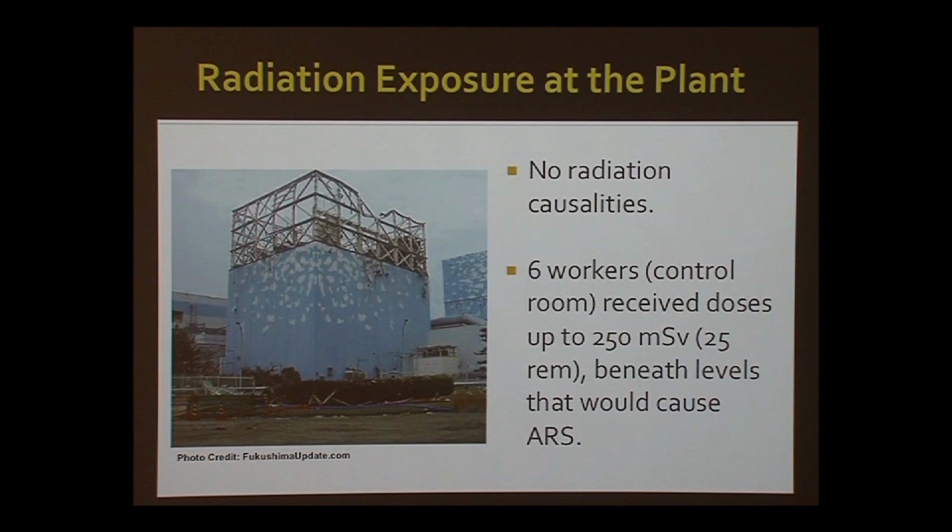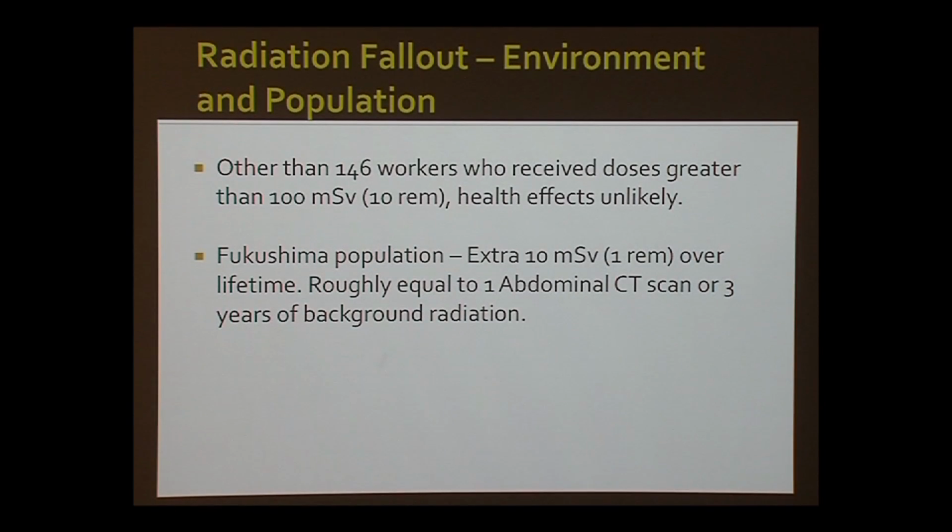There were 6 workers who received doses of about 25 rem, beneath the level that would cause the acute radiation syndrome that we discussed, but still a significant amount of radiation. In terms of the population of Fukushima, there were 146 total workers who received 10 rems or greater of radiation that the health officials are going to be following closely for many, many years.